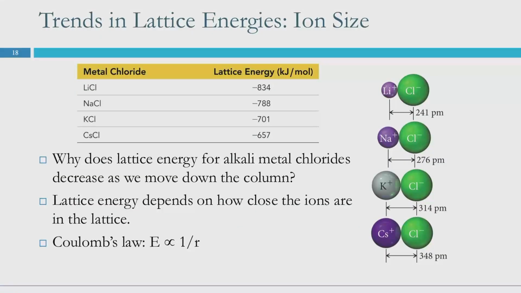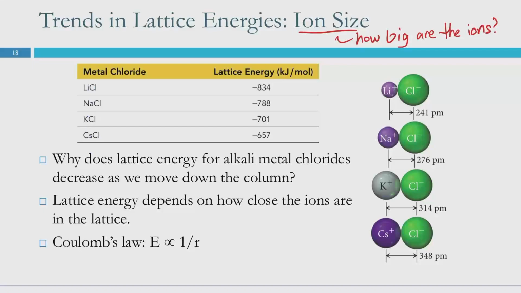One of the trends has to do with ion size. How big are the ions? If we look at metal chlorides, we're taking from group 1, our alkali metals, a series: lithium, sodium, potassium, cesium, no rubidium here.